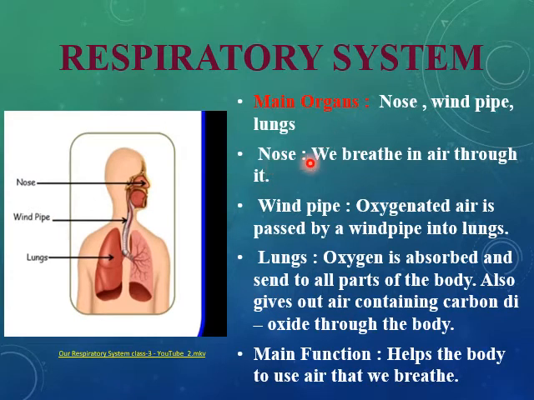Now let's see the function of each organ. Nose. We breathe in air through our nose. See children, our body needs air to live, and especially our body needs oxygen gas to live.